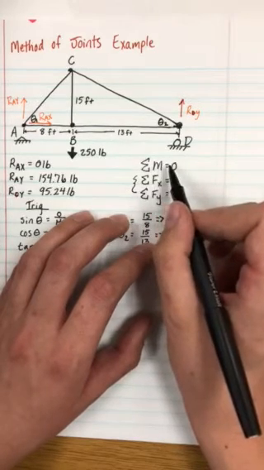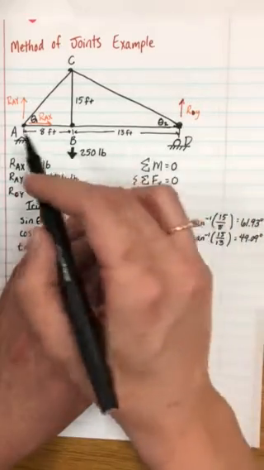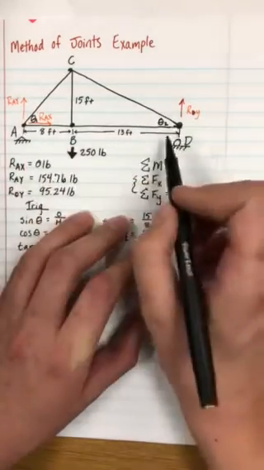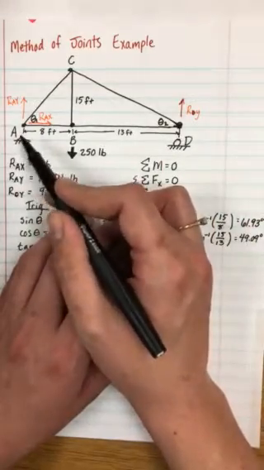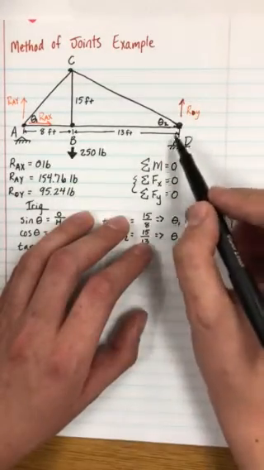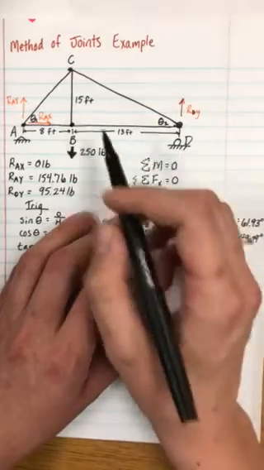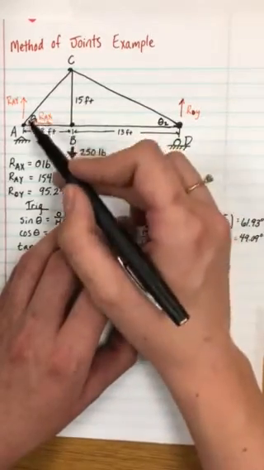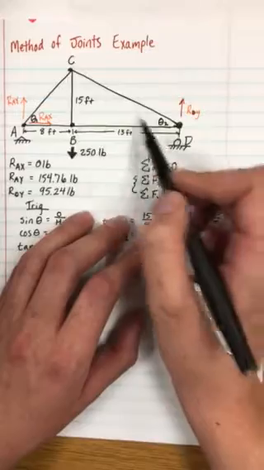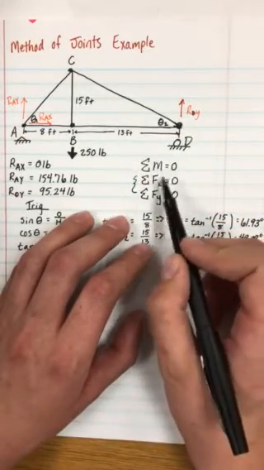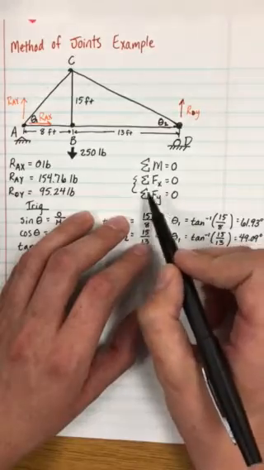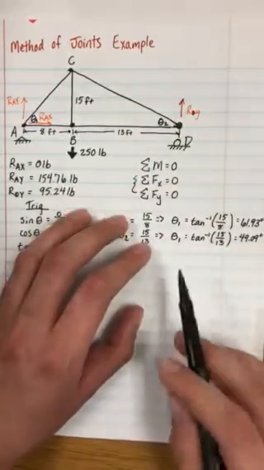Now, the moments we were able to use to calculate the reaction forces at each of our supports, our pinned support here at joint A and our rolling support here at joint D. So the good news is when we're calculating the internal forces in our system, we don't really need to know the moment forces. All we care about are the forces in the X and the Y direction at each of our joints.